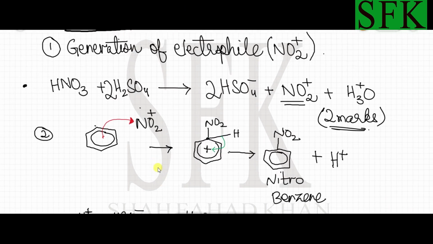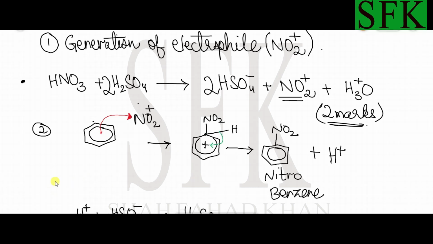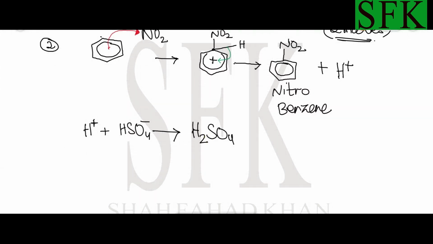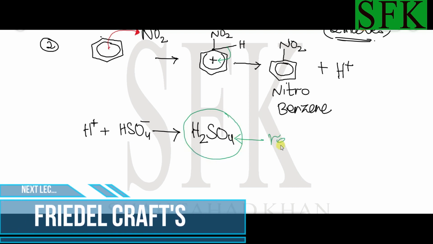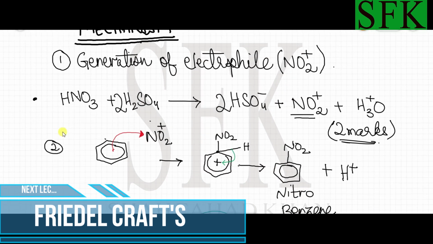The sulfuric acid was used in the starting to generate the electrophile, and at the end of the reaction it has been regenerated. So the sulfuric acid is our catalyst. The catalyst gets regenerated. So this is it about nitration.